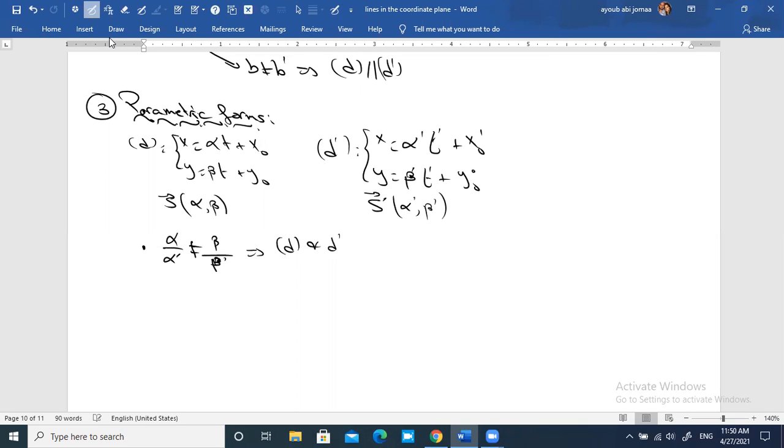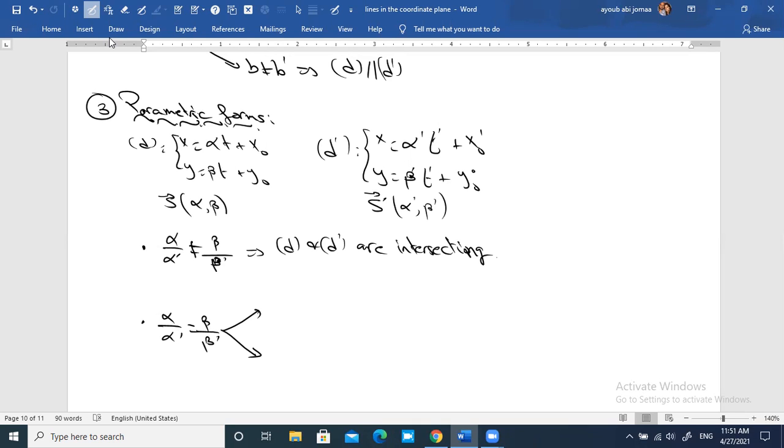D and D prime are intersecting lines. If they are equal, we have one of two cases: the two vectors have the same direction.